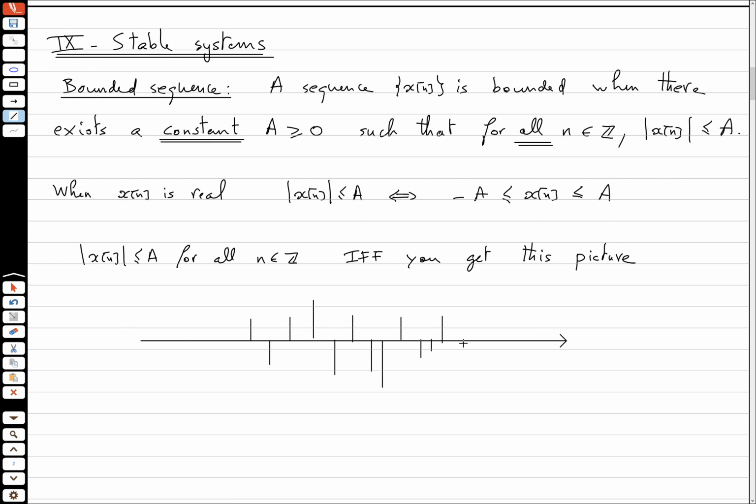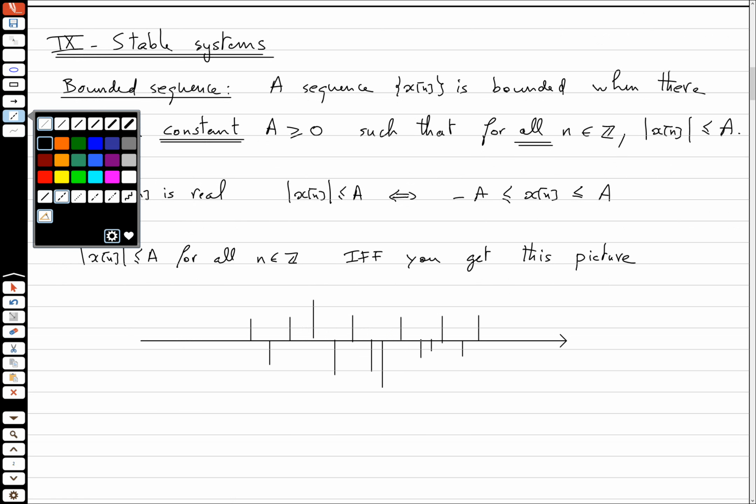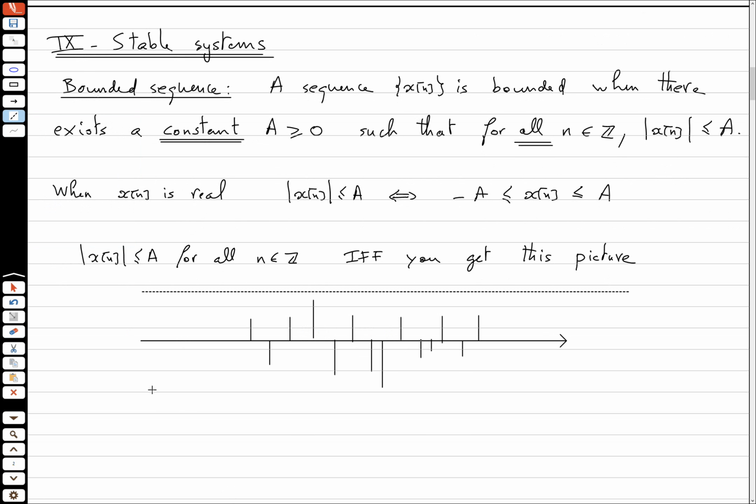Here I plot the value plus A, and here I plot the value minus A. So for the sequence to be bounded by A, when you plot it, you must see plus A as the ceiling and minus A as the floor.